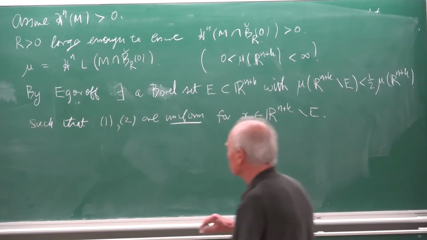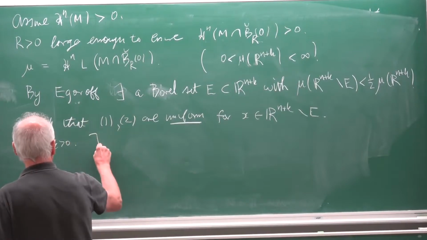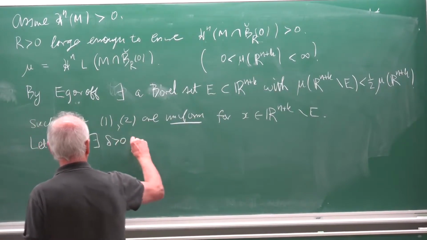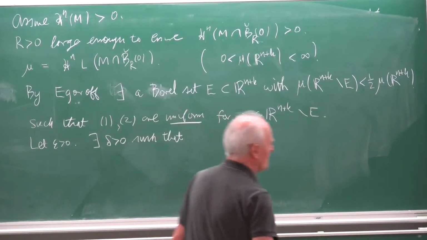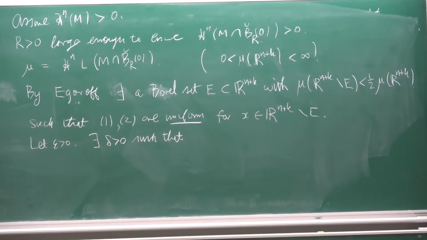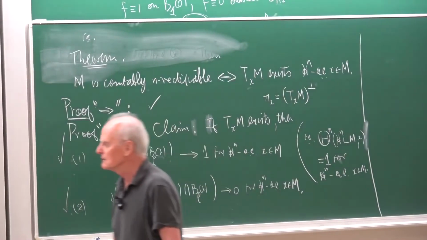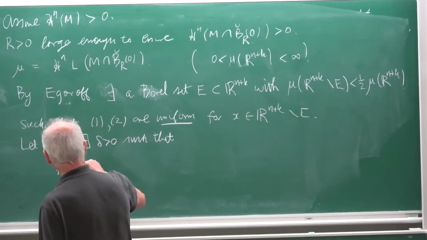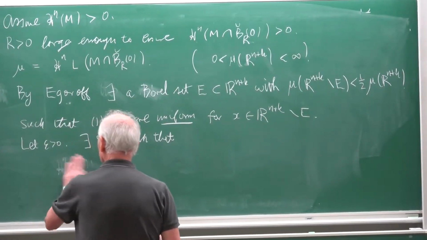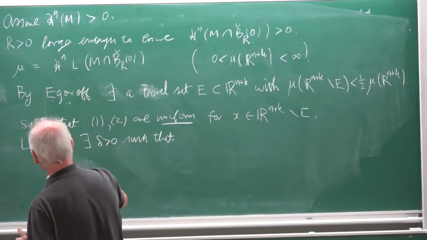So let epsilon be bigger than 0, then there exists a delta bigger than 0, such that, now I'm going to throw away some information. I could actually say that the difference of this absolutely is less than epsilon, but I just want the lower bound on this. So such that H^n restricted to m intersect, this is our new measure mu, so I don't have to keep writing all this stuff, just mu.